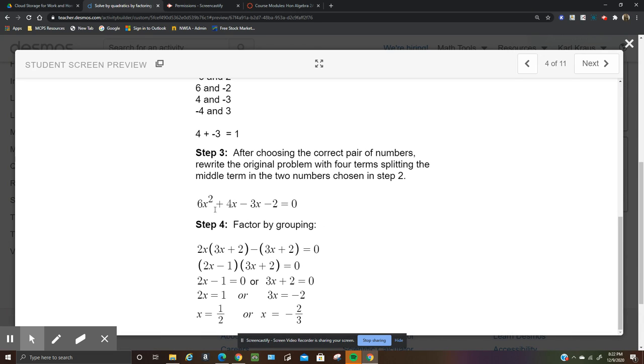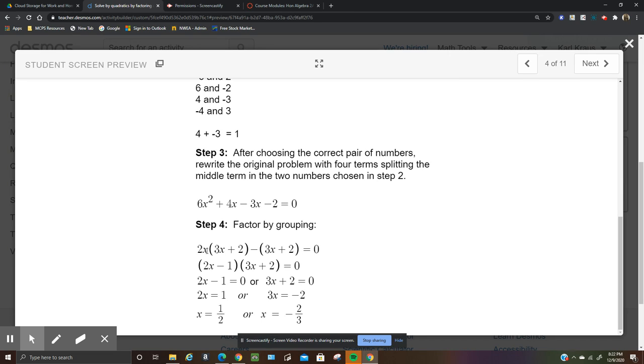And then I'm going to group these two terms together, 6x squared plus 4x, and what's common to those two is 2x. And the only thing that's common to these two, negative 3x and negative 2, is a negative. So I factor that negative out. So factoring out a 2x in the first group, I get 3x plus 2, and then factoring out a negative in the second grouping there, I get 3x plus 2.